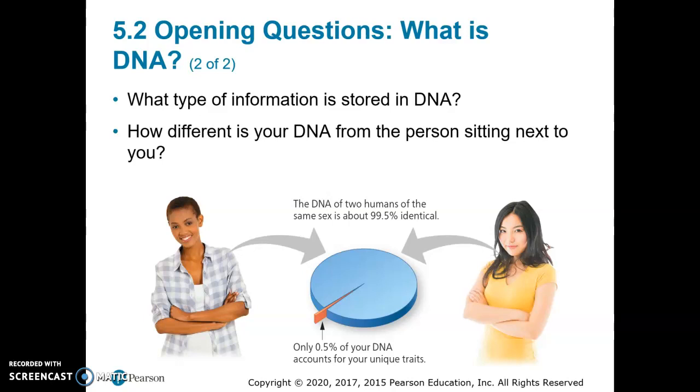We all have that same information. But within that information, there are small uniquenesses about us, only 0.5%. So again, if it's only 0.5%, there must be a huge amount, because that would make that 0.5% a very large number.